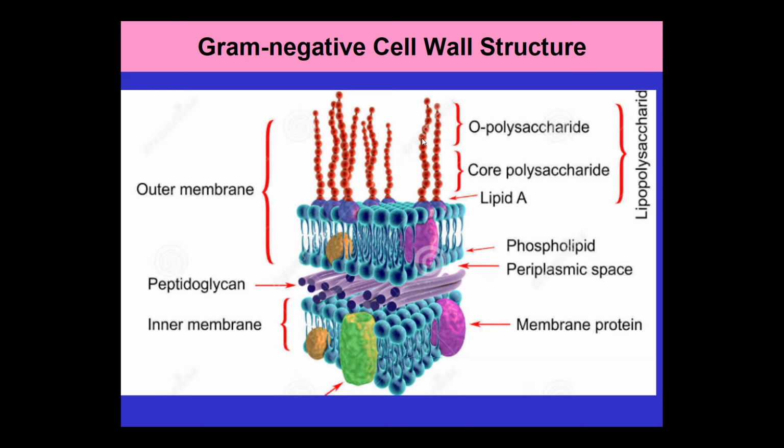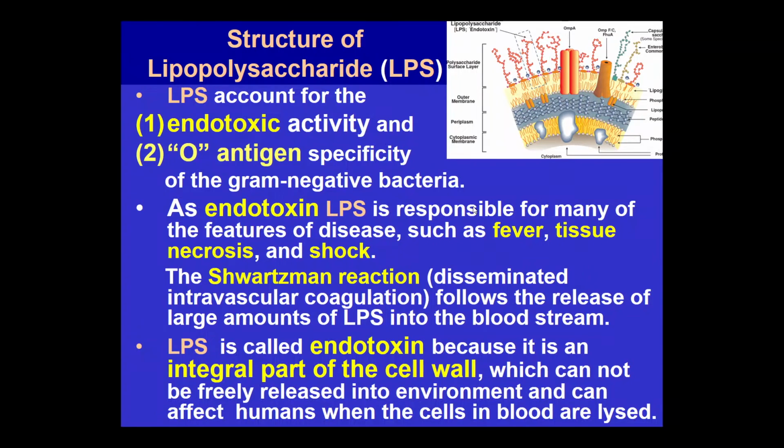The lipopolysaccharide is made up of core polysaccharide or somatic antigens, sugar residues of the core polysaccharide, and a very important structure called lipid A that has very important toxic properties. So lipopolysaccharide accounts for the so-called endotoxic activity of gram-negative bacteria.